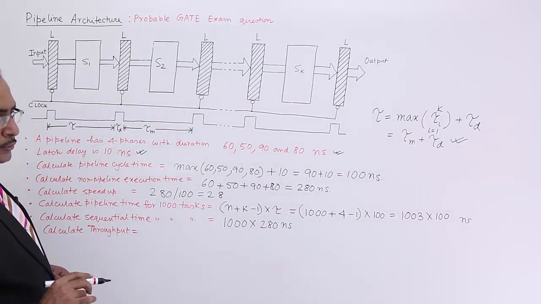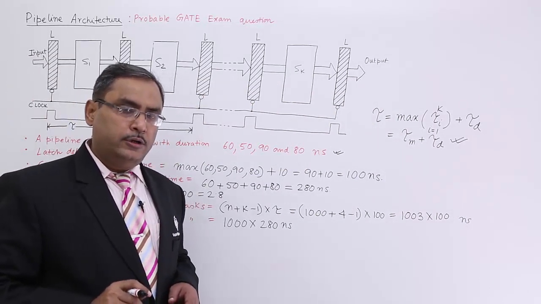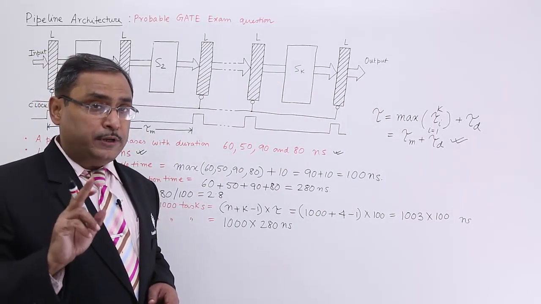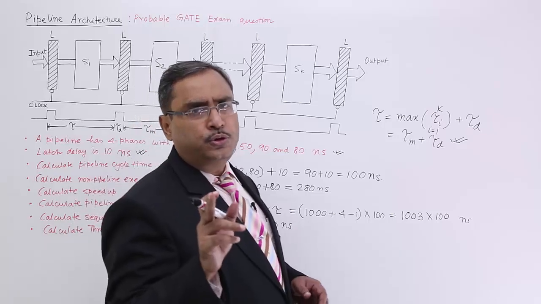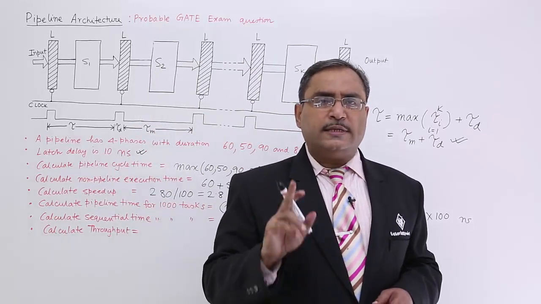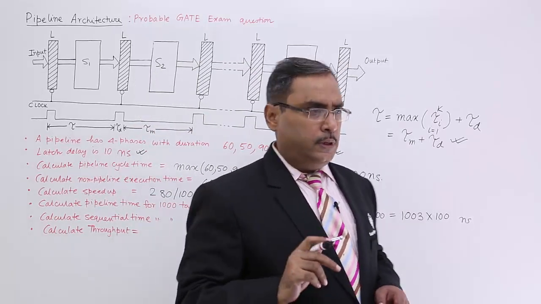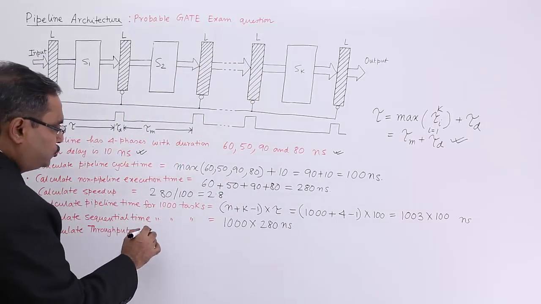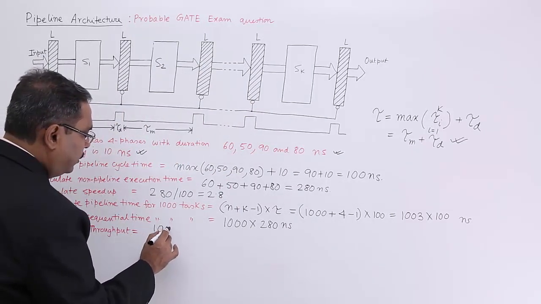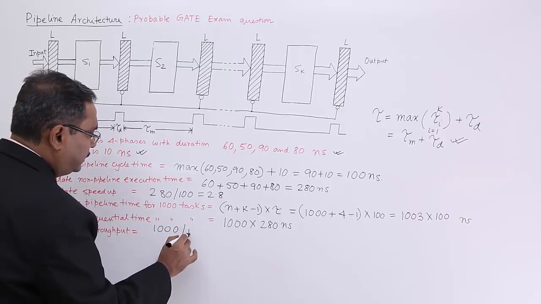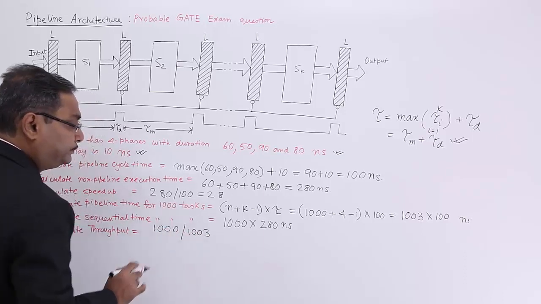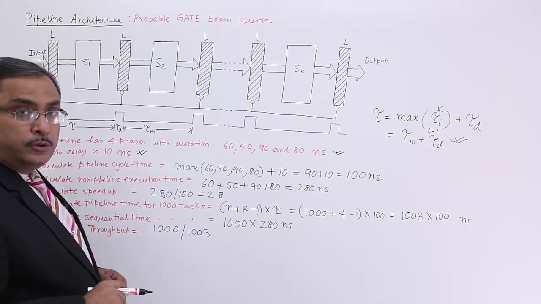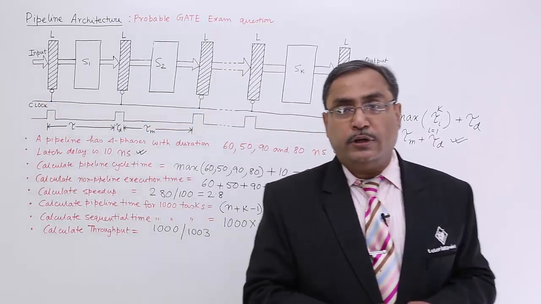Calculate the throughput. It is not asking you the speed up ratio, it is asking you the throughput. What is throughput? Number of instructions executed per unit time. So, 1000 instructions got executed in 1003 unit time.